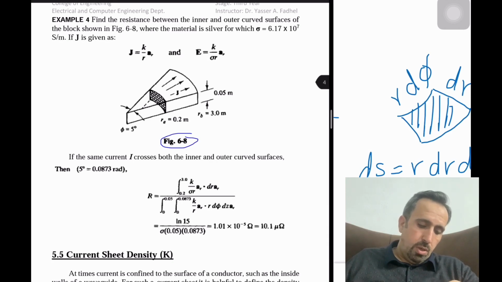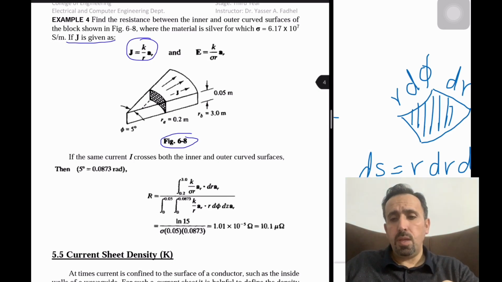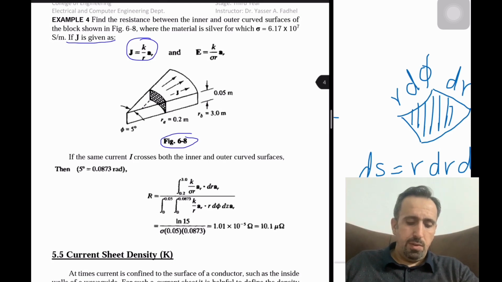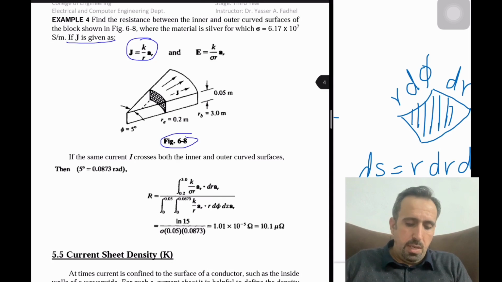Something else is given to you, that J is given as this. It is given to you as some kind of simplification. J is given to us, but without values, just with some symbols. It is a constant K over R AR.